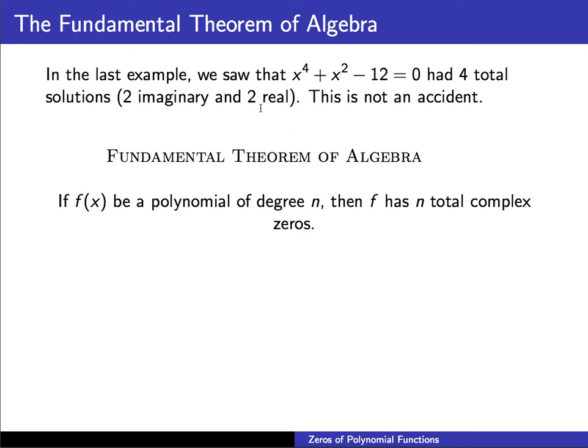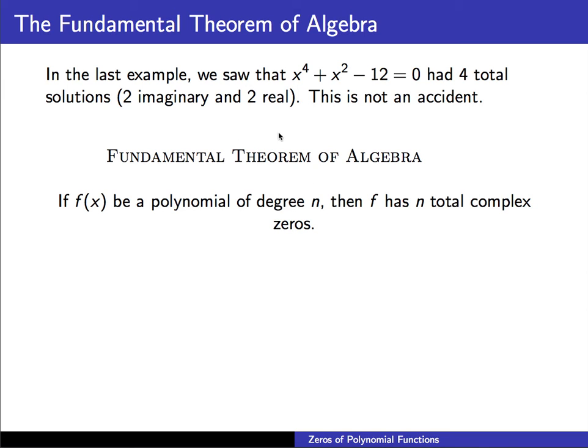Now remember, a real number is a subset of the complex or imaginary numbers, because we could write the square root of 3 as the square root of 3 plus 0i, and we can write negative square root of 3 as negative square root of 3 plus 0i. So if we have a purely real number, we can make it a complex number by just putting a plus 0i afterwards.